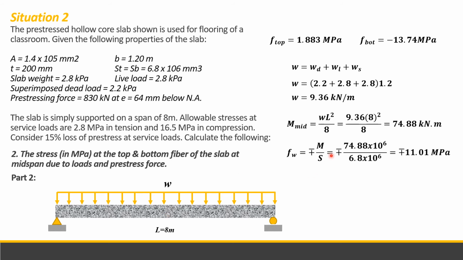So the stress due to bending, due to the loading, is minus plus M over S. This is originally Mc over I, but the section modulus is given to us, so this will be M over S. So it equals 74.88 times 10 to the power of 6 to make it Newton-mm, over 6.8 times 10 to the power of 6.